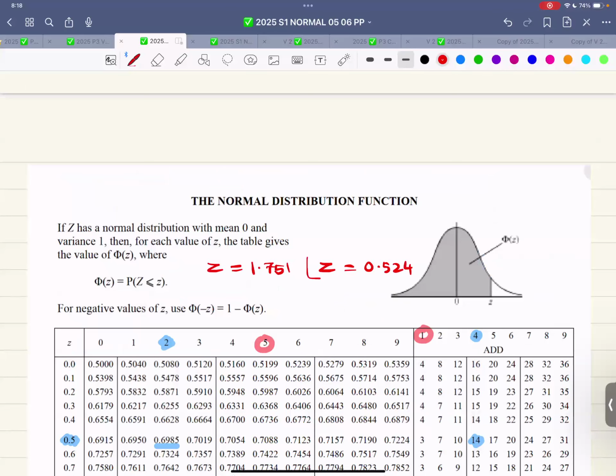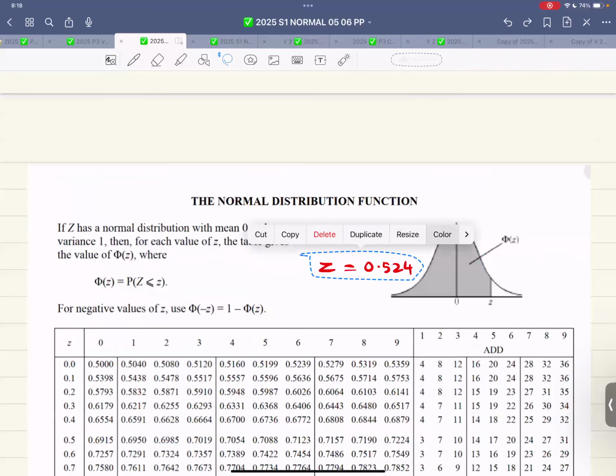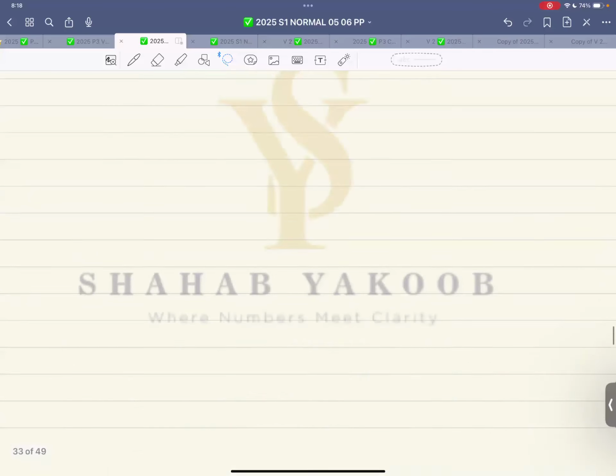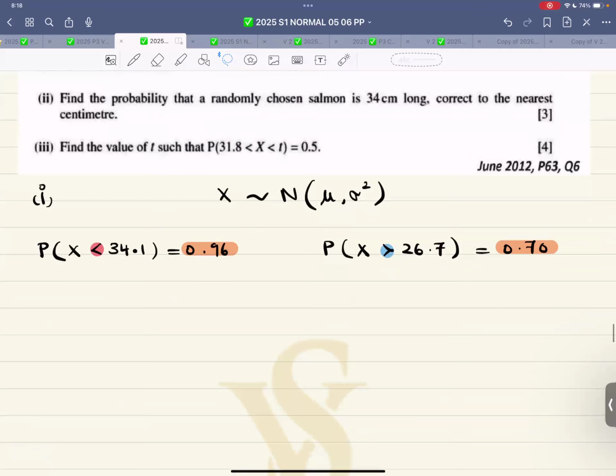Okay, 1.751, and this one is 0.524 with a negative sign.